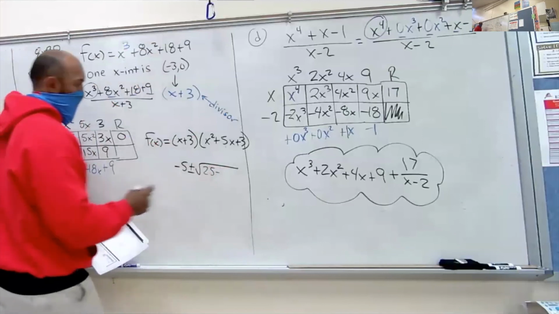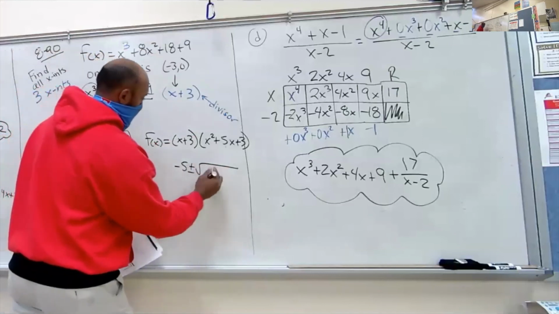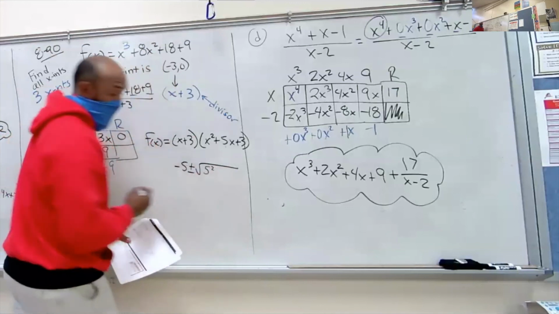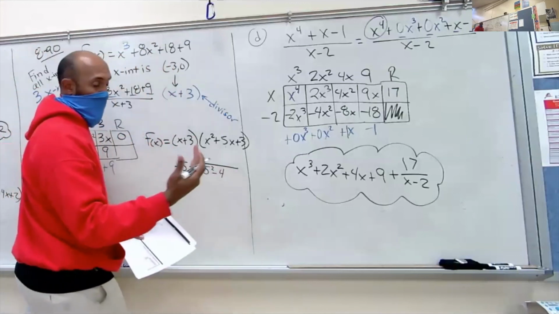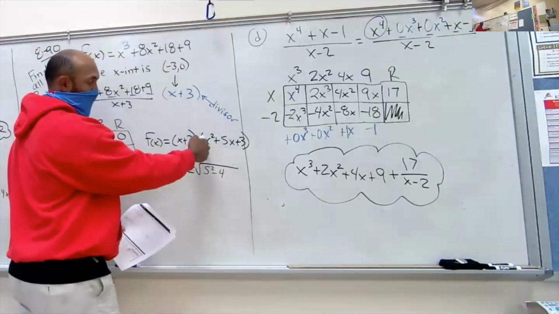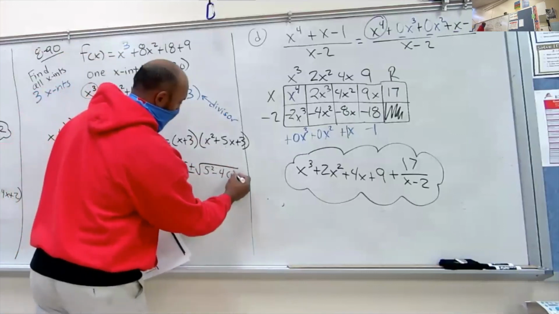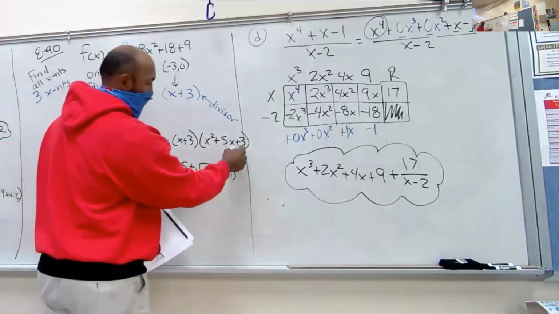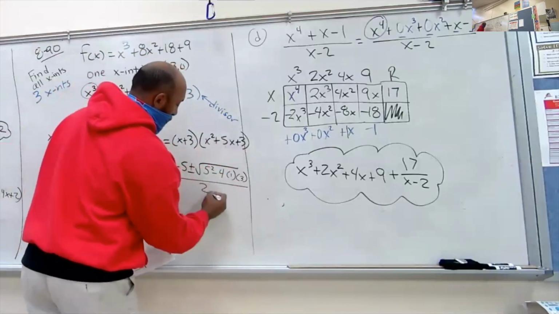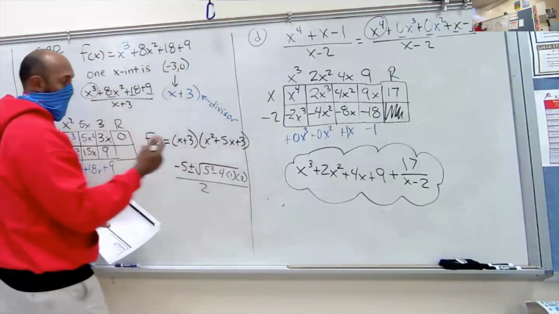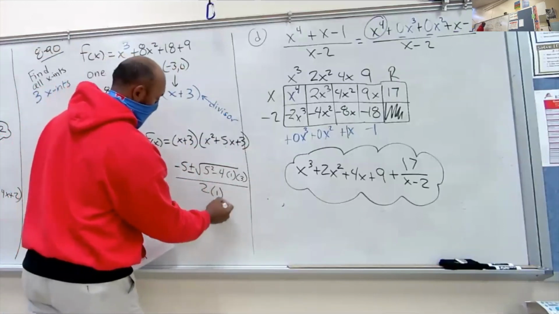Actually, let me write 5 squared just so I don't confuse anybody. 5 squared minus 4, remember it's always part of the equation, times a, which is 1, times c, which is 3, divided by 2 times a, which is 1, and now simplify.